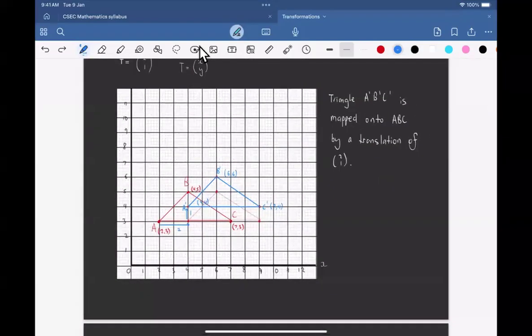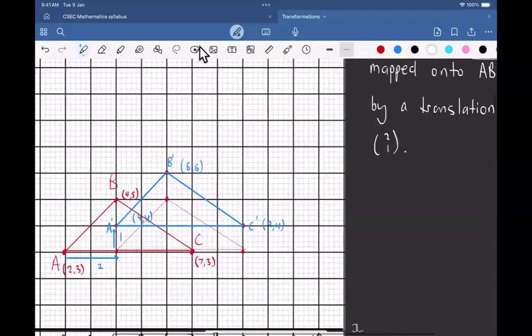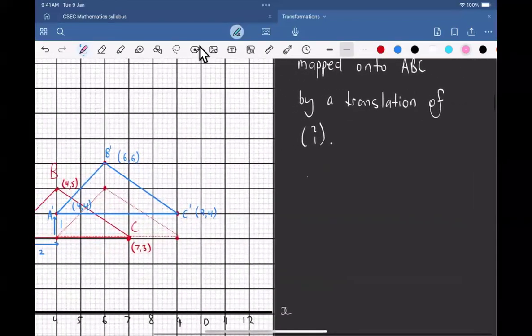So that's the other method. Right? Let me just write that down to the side. Alternatively, if you don't want to draw it, what you're going to do is add the translation to object point.